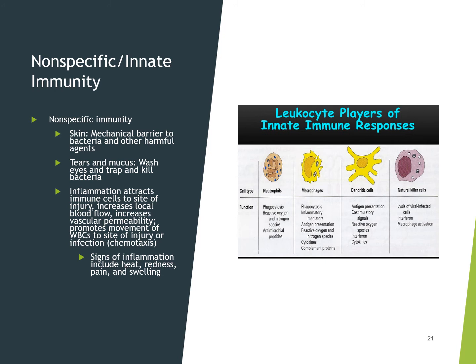First response is our innate immune system, and some components of that system are our tears and our mucus secreted by our mucous membranes and our skin. So those are some common elements. Remember, innate is non-specific. It's things that we're already born with that are going to be the first responders to help us protect ourselves from invaders.